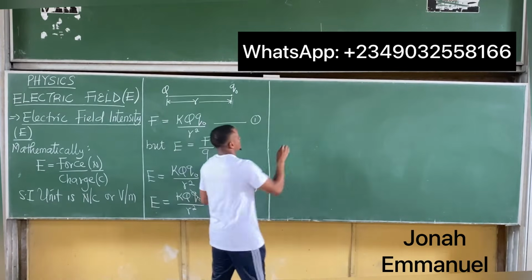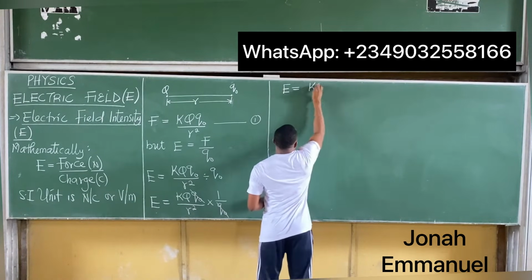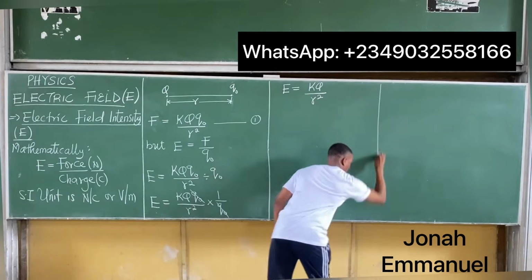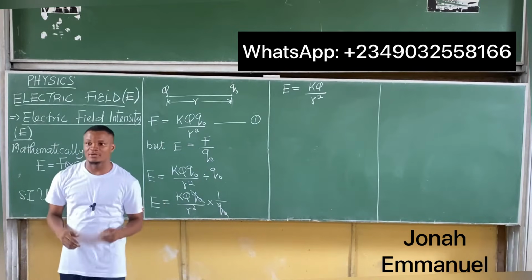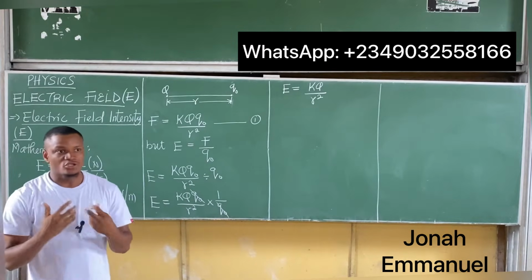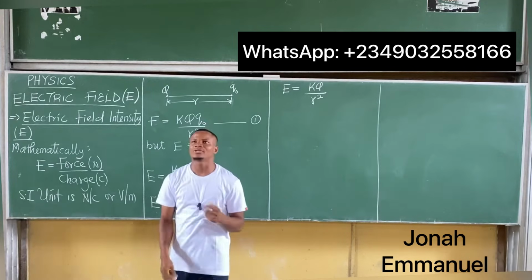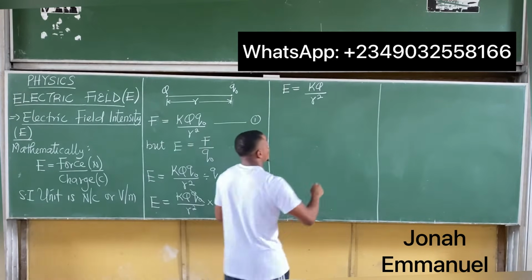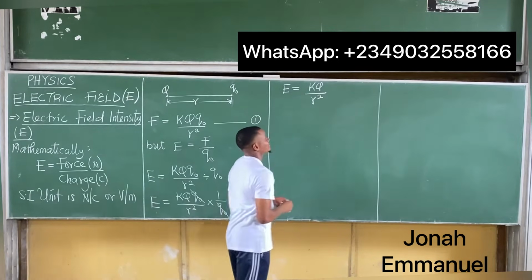So you have that the electrical field intensity E is equal to K Q all over R squared. Observe that electrical field and force are almost the same thing. The difference is that for force I need two charges, but for this one I need just one charge.